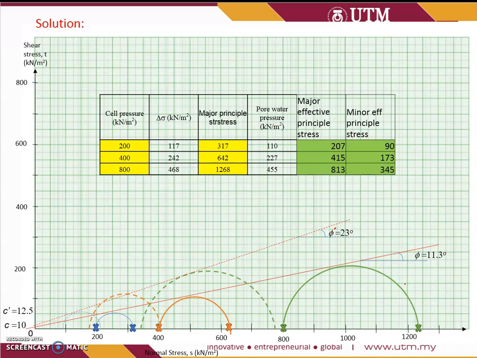Repeat again: it looks like we have better strength, with a higher C and a higher phi value, when we calculate in effective stress compared to total stress. So that is one example from the data given from the soil sample that we take from a site.